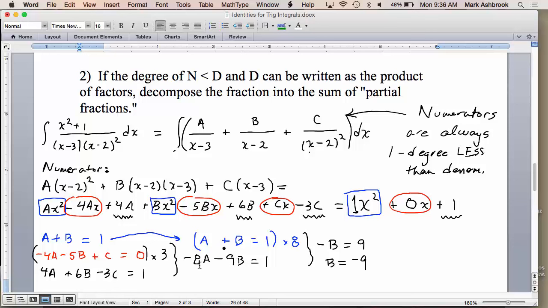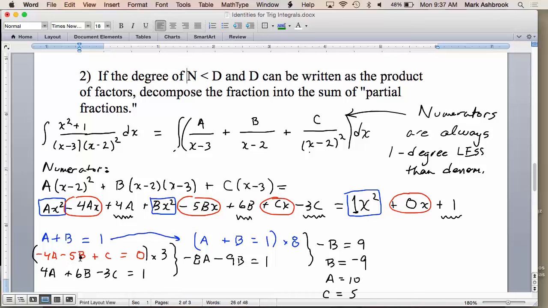Okay, if b is negative 9, that makes a positive 10, from a plus b equals 1. Then use either of these equations with c, maybe the red one would be the easiest, and you'll get c equals 5. Negative 40a plus 45b.